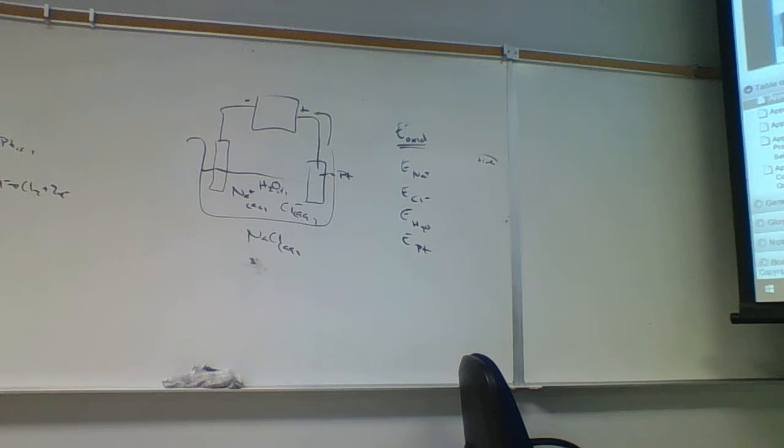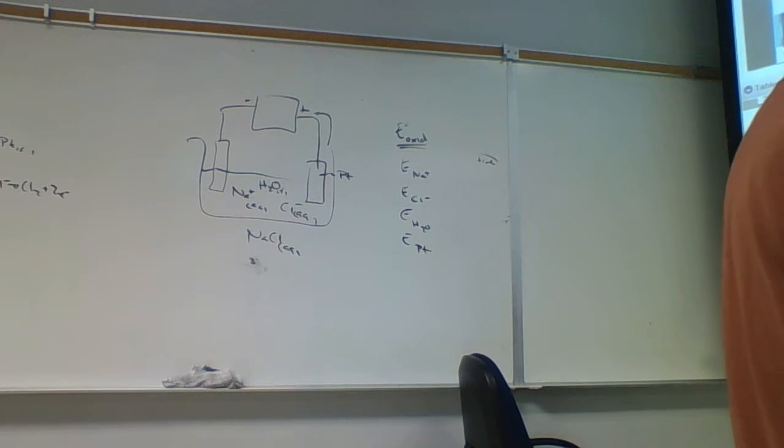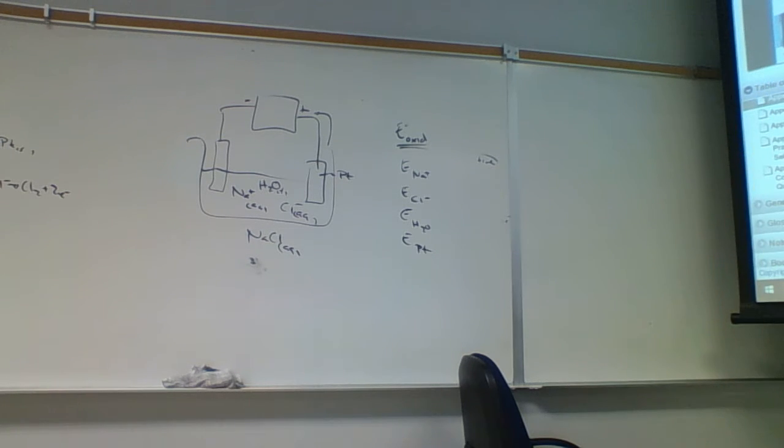Do we encounter chloride or water? Well, here's chloride. What is chloride's oxidation potential? Yeah, negative 1.36 volts. What is water's? Water's here: negative 1.229 volts.